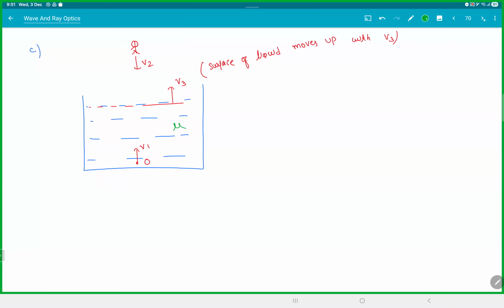Outside is vacuum. All are moving. The liquid surface is rising, the object is moving, the observer is moving. So if you ask this observer with what speed the object is moving, what will they say?